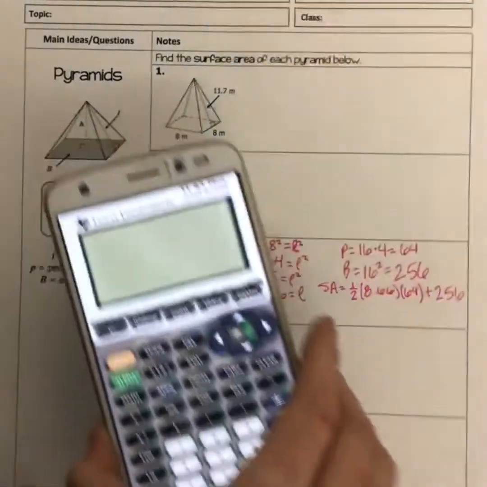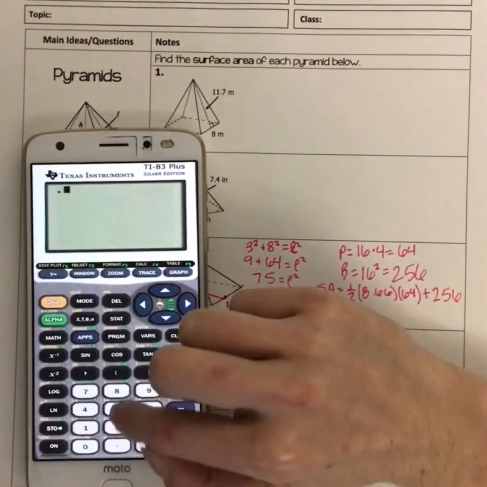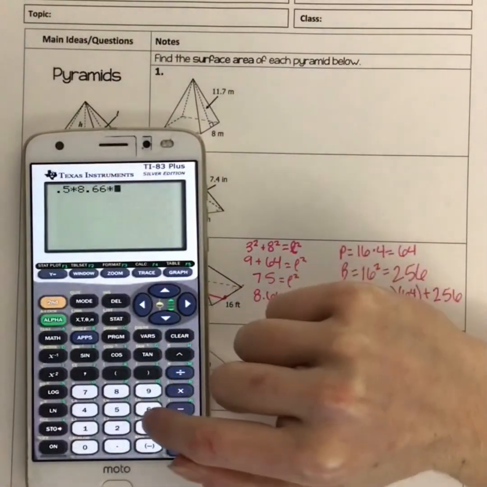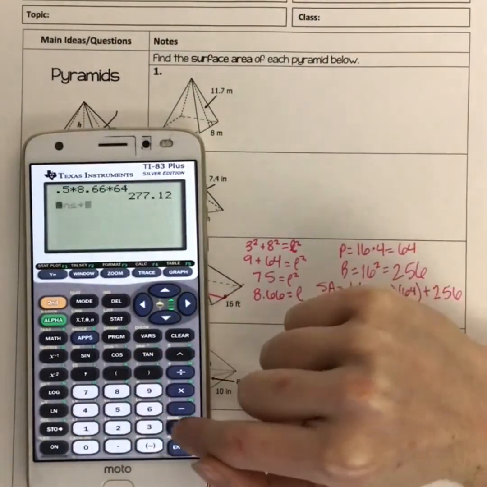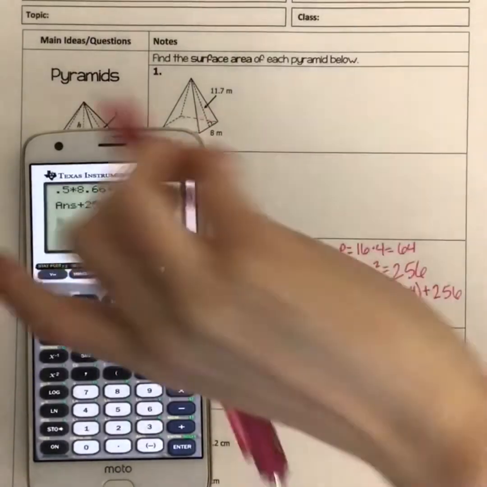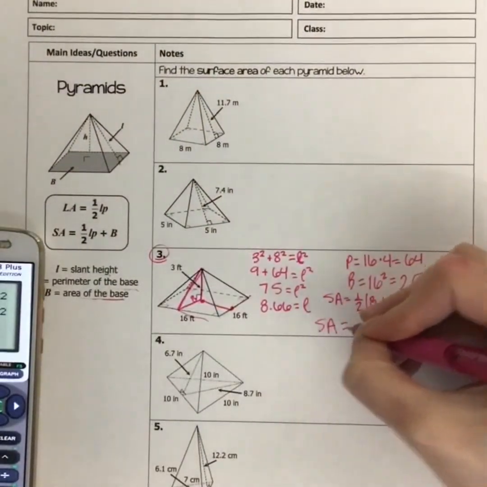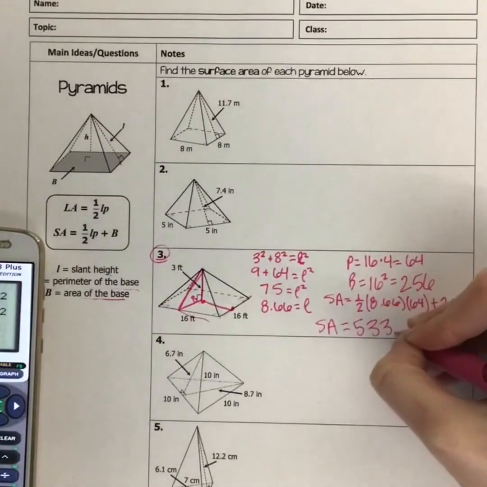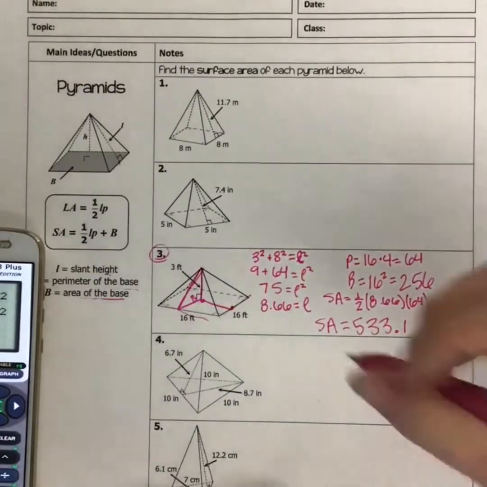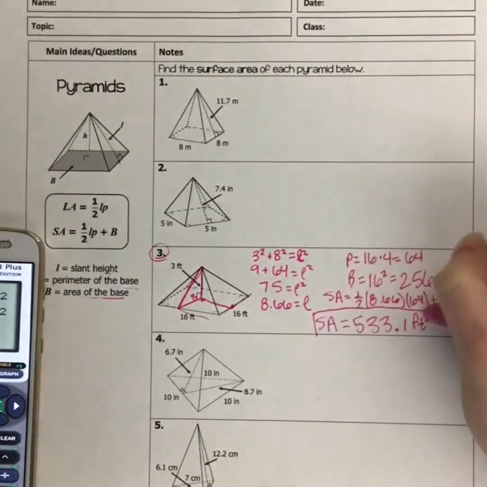So typing that into my calculator, we'll get 0.5 times 8.66 times 64 plus 256. So I get a total surface area of 533.12. That rounds to 0.1 pretty nicely. And surface area, just like area, is always our units squared.